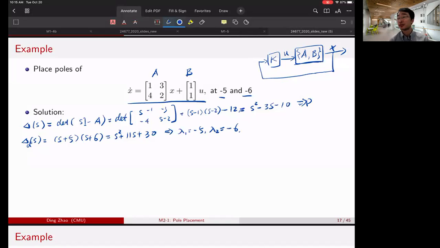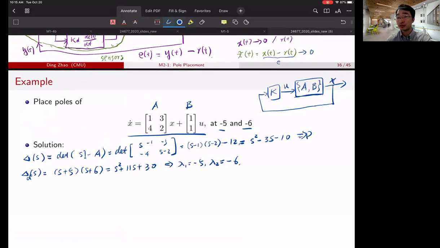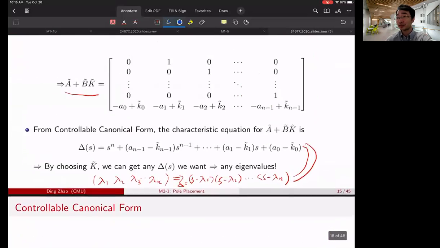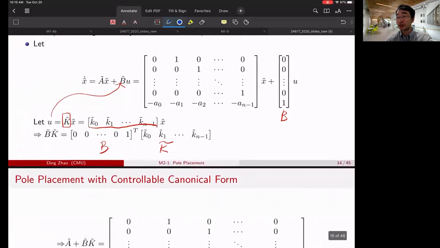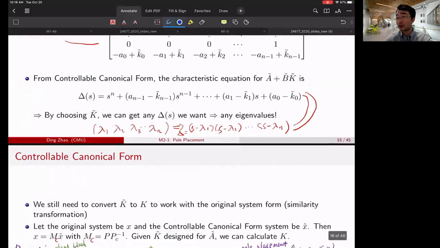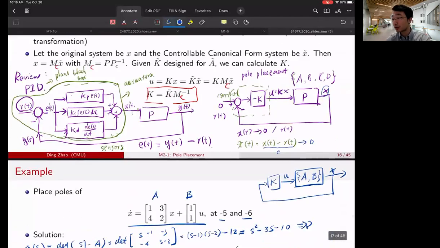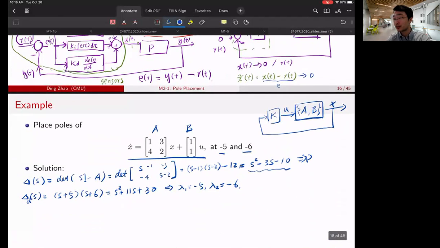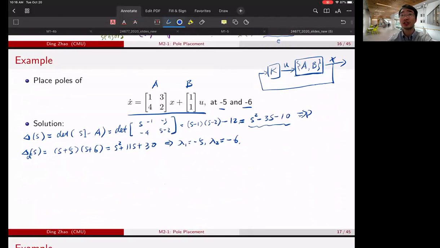Okay. So given what we learned in the last lecture, we can use a controllable canonical form to do this. In the controllable canonical form, we put these polynomial coefficients. If this is our current characteristic polynomial, then what is our controllable canonical form?